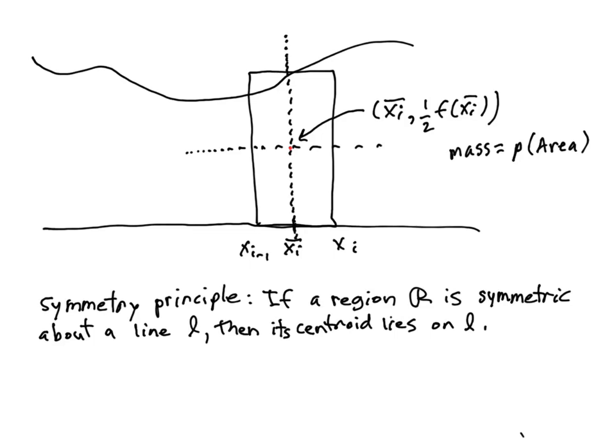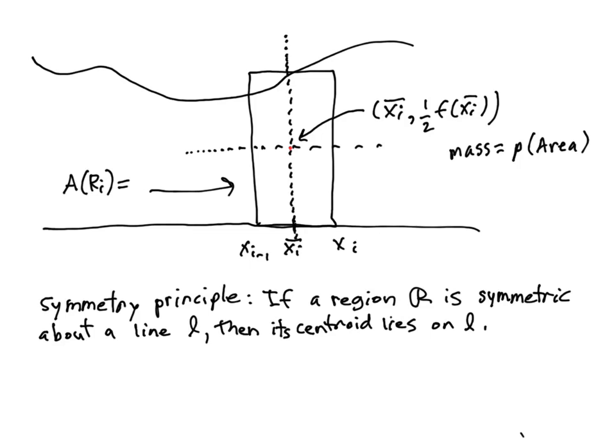So what would the area of such a rectangle be? Well, that's easy. The area of this rectangle, let's call this the area of rectangle i, is just going to equal base times height.